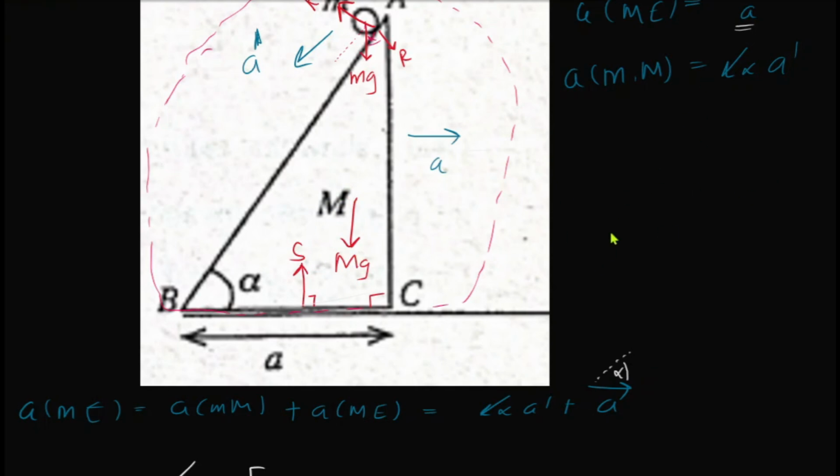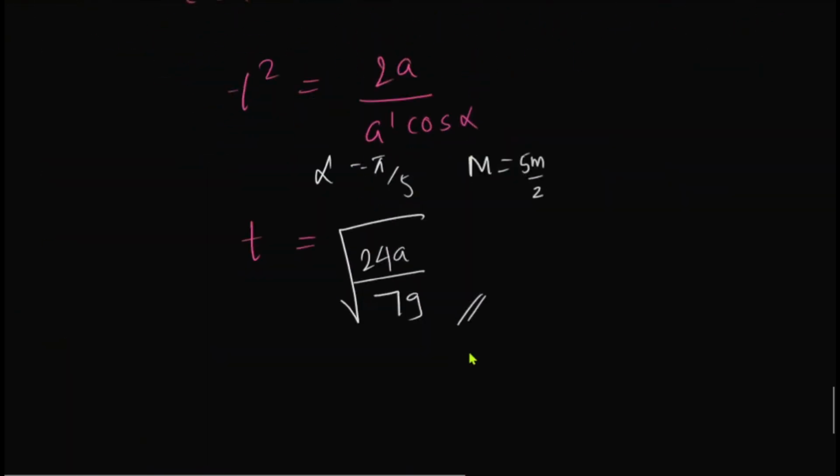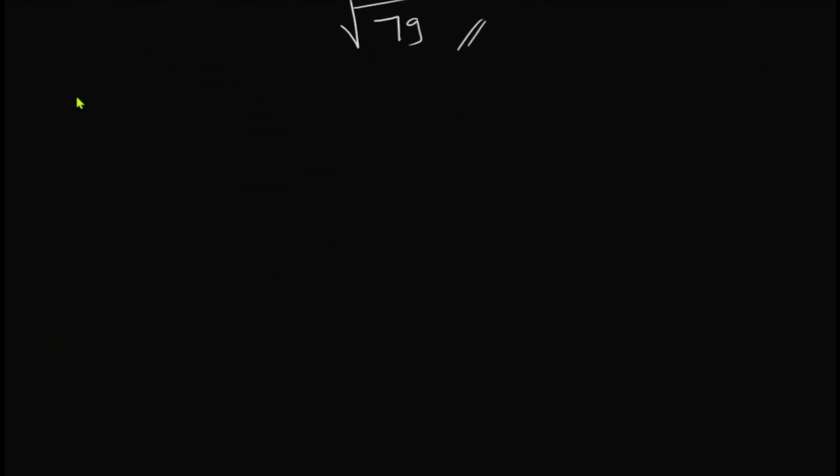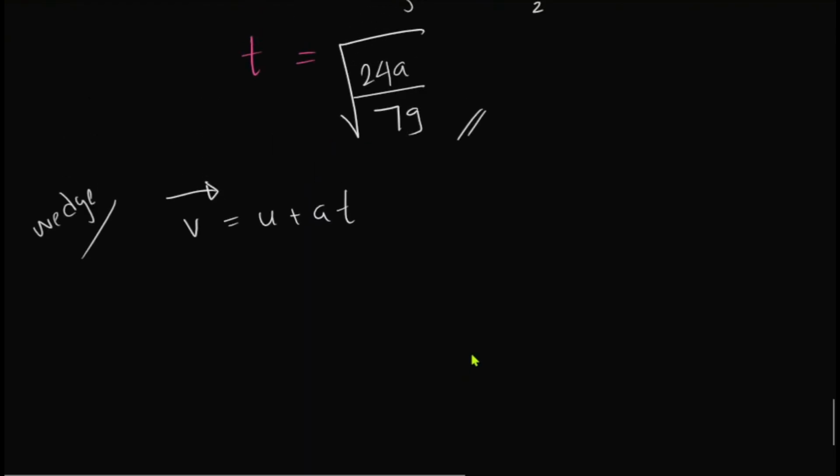Within that time, what velocity does it acquire? For the wedge in this direction we are going to write v equals u plus at. v is what we need to find. u is the initial velocity, that is 0. a is the acceleration of the wedge. t is this time.